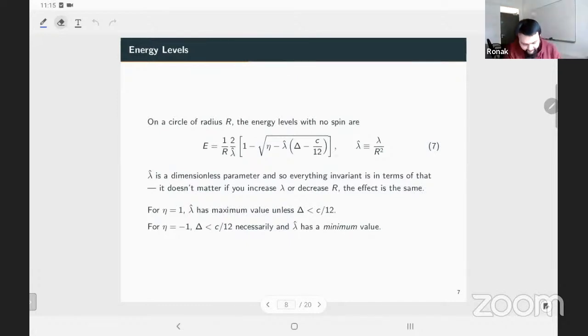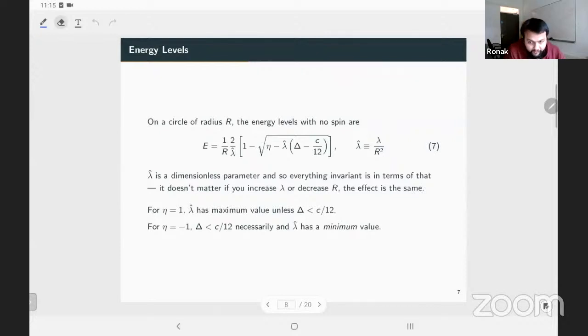So here delta minus C over 12 is the conformal dimension minus the Casimir energy of the vacuum. Minus C over 12 is, of course, the energy of the vacuum in CFT. And the thing to notice about this formula is that it has a square root. And square roots famously are not necessarily real.